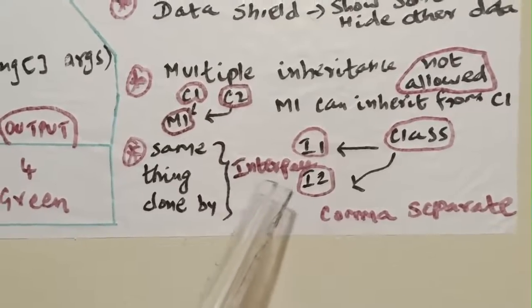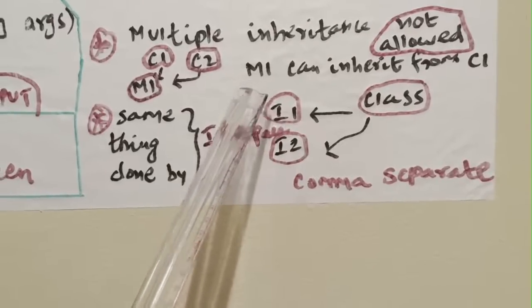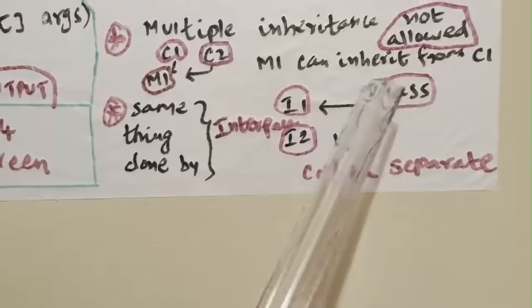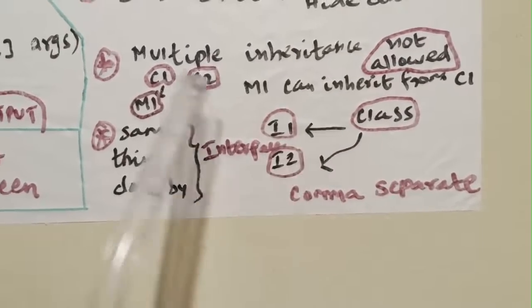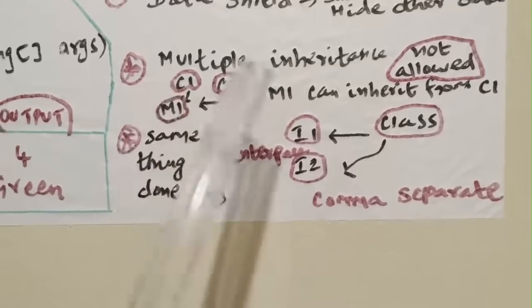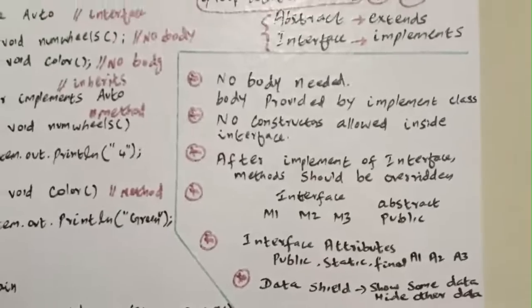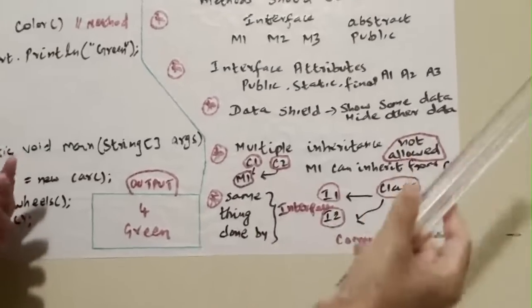The same thing is done by interfaces. This is not possible with classes. To make that possible, with interfaces, which are comma separated, I'm going to give an example in the next chapter.